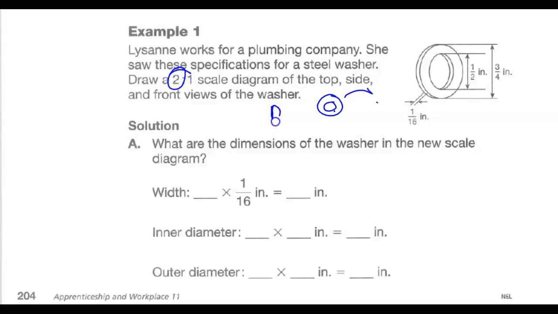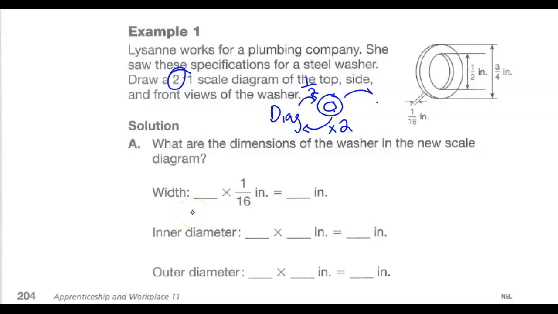So a diagram to actual would be 1/2, right? So now if we're going from the actual to the diagram, we're going to multiply by 2 because we're trying to make it bigger. So what are the dimensions of the washer in the new scale diagram?